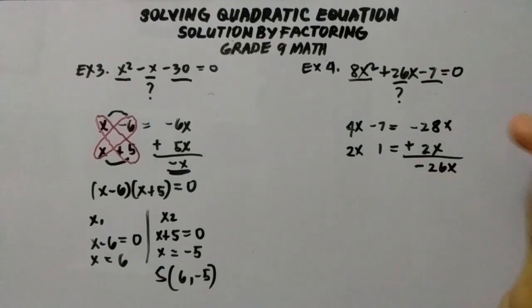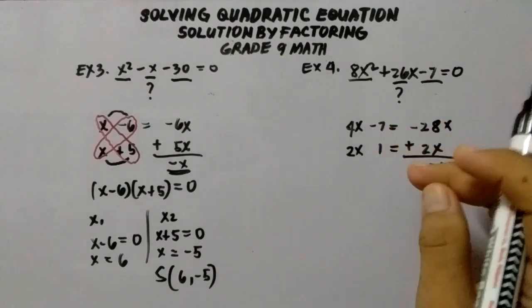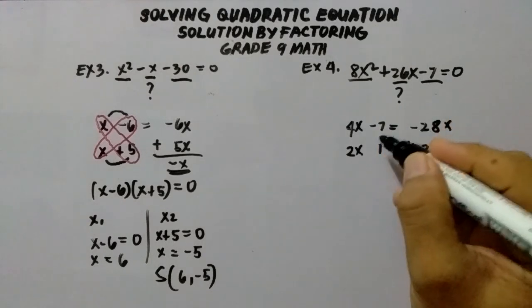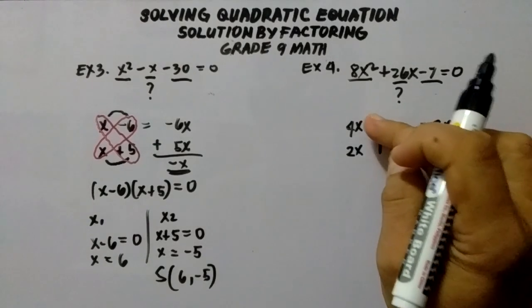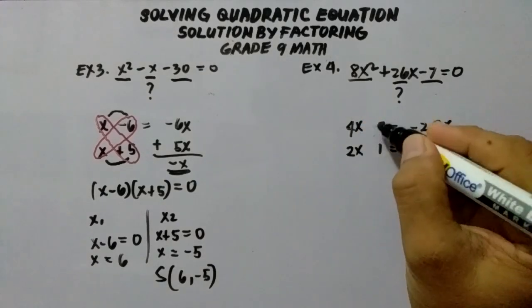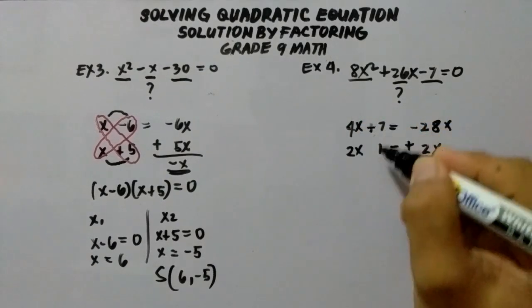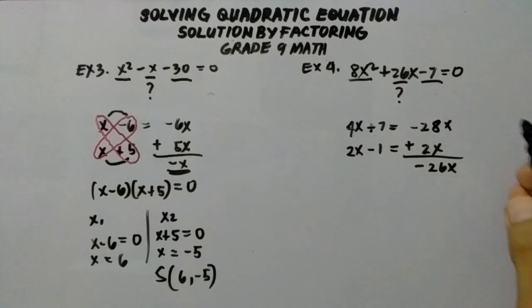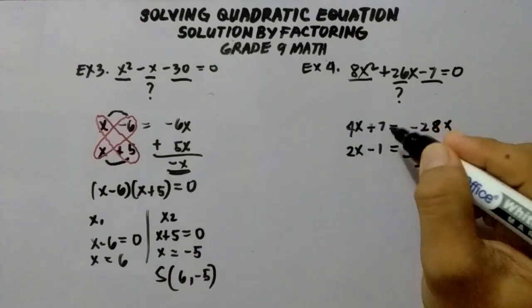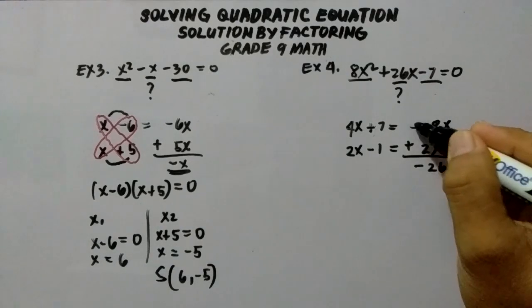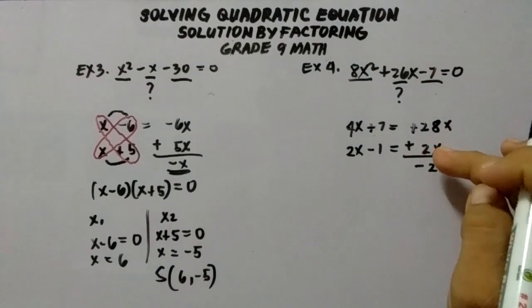Okay? So, ang gagawin po natin dito is babalik na rin lang po natin yung sign. So, yung negative, ibababa po natin. Then, yung positive, ilalagay po natin sa taas. Okay? So, we have positive 7 na dito. This is negative 1. So, if we multiply 4x times 7, so we have positive 28 na po.